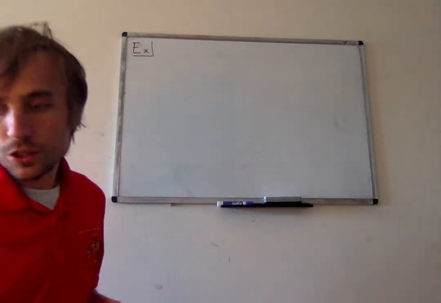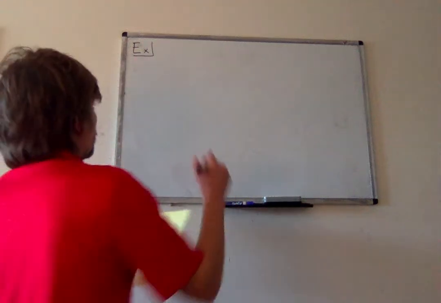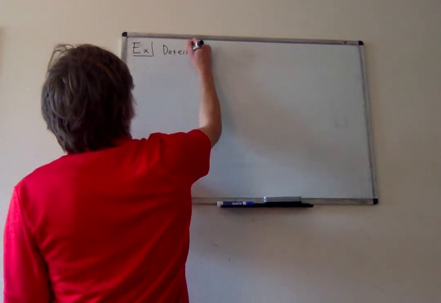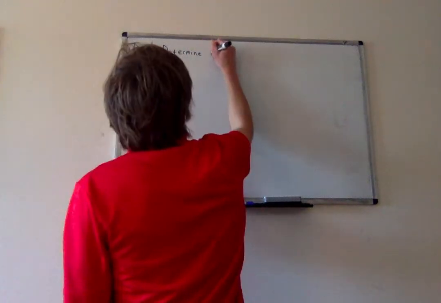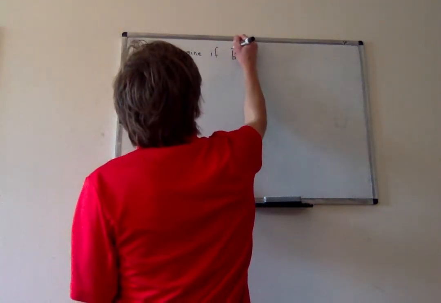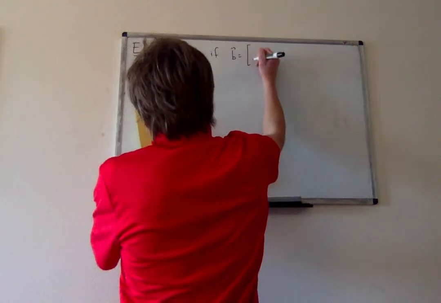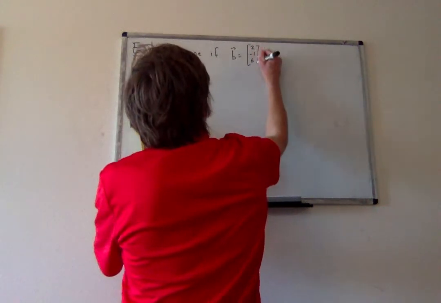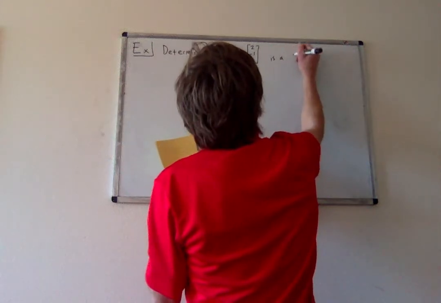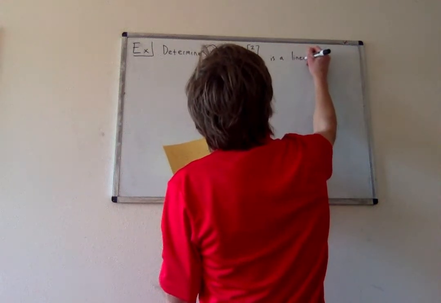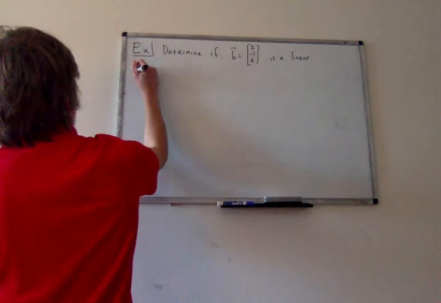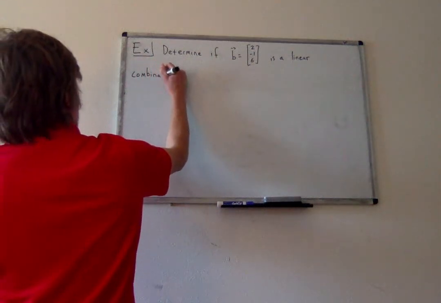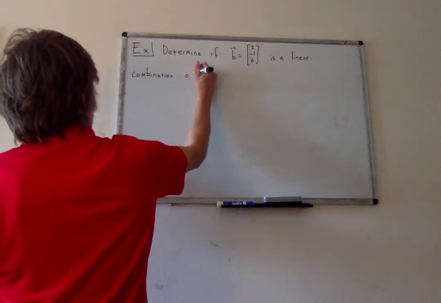What we want to do is determine if the vector b, which will be given in a second, this vector [2, -1, 6], is a linear combination of the following three vectors.